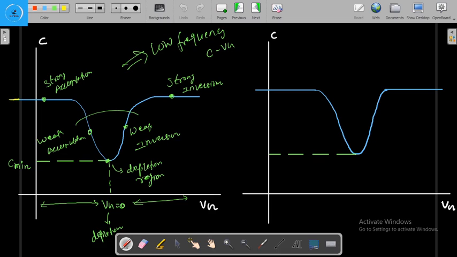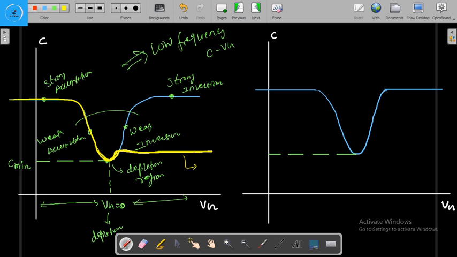For the high frequency, we can say the inversion will not occur, because for the p-type substrate the holes will come easily since holes are the majority charge carrier, but the electrons will not come easily, because to make a large number of electrons, a large number of covalent bonds will have to be broken. Hence we can say this is the high frequency.